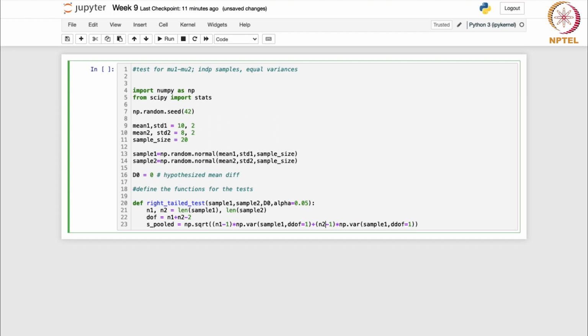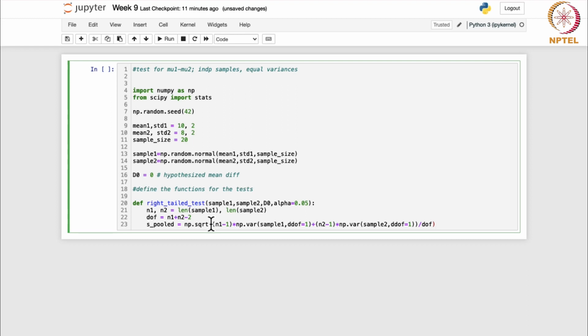So here it would be n2 minus 1, and we multiply it with the sample variance of the second one. And finally you have to divide it by DOF, that is the total degrees of freedom, n1 plus n2 minus 2, and one more bracket would be here.